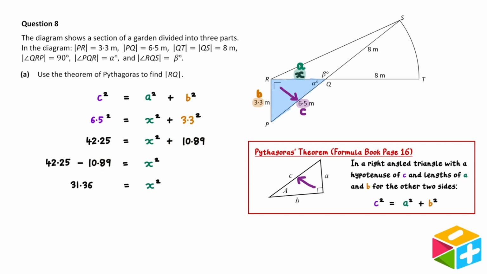Performing the calculation on the left gives us 31.36 is equal to x squared. Since the opposite of a square is a square root, the next step will be to square root both sides. Performing the calculation on the left-hand side gives us our final answer. X is equal to 5.6. Since all the other lengths in the triangle are measured in meters, that's the unit we'll want to use here.